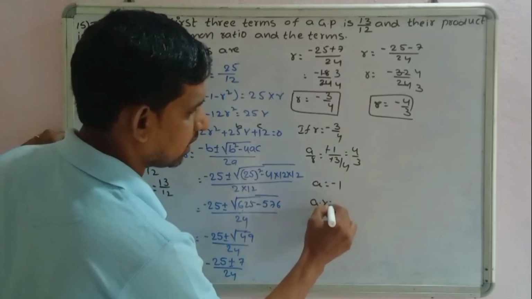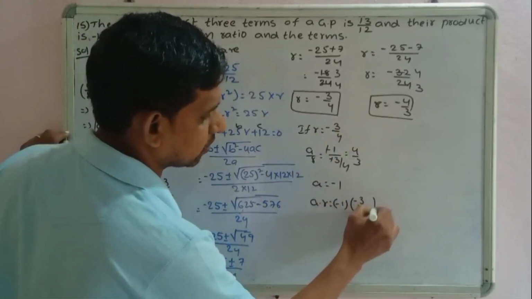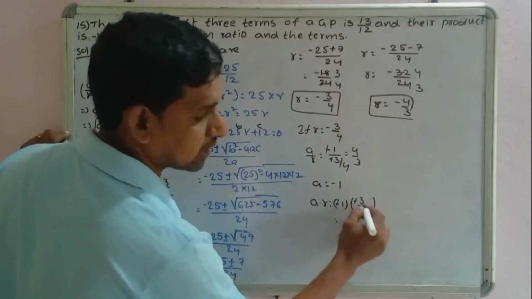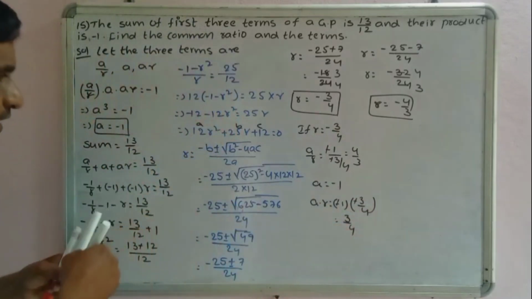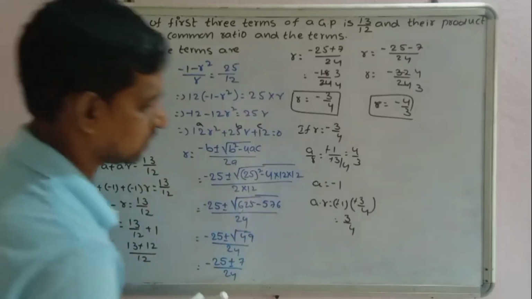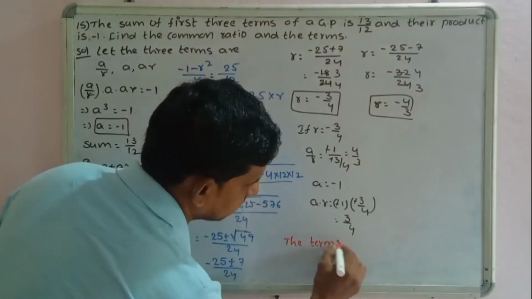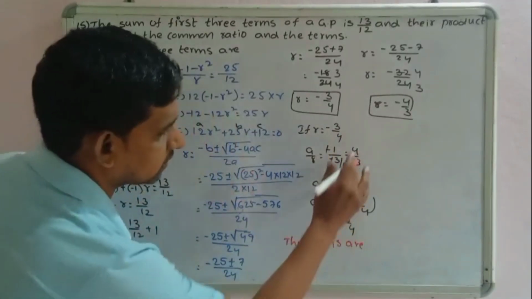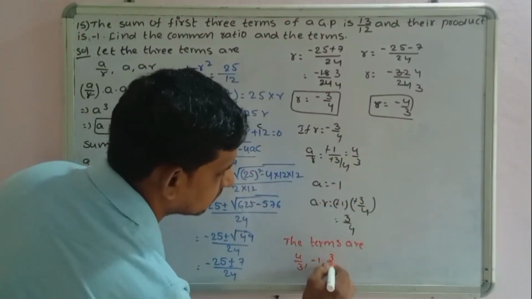Then a times r is minus 1 into minus 3 by 4. Minus gets cancelled, 3 by 4. Therefore, if r equals minus 3 by 4, the terms are 4 by 3, minus 1, 3 by 4.